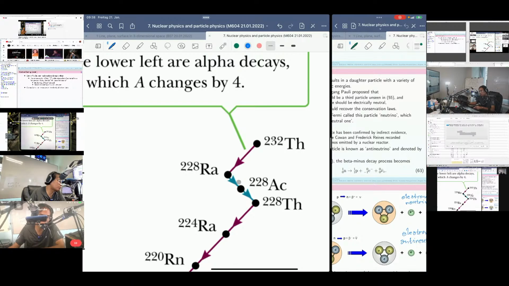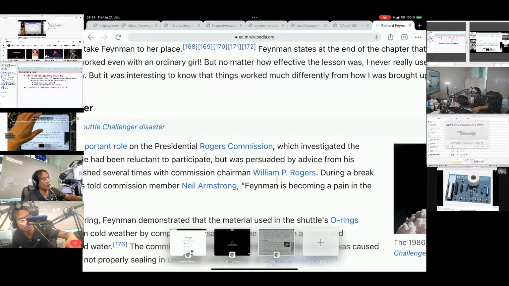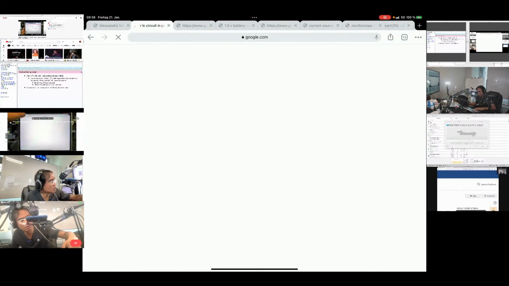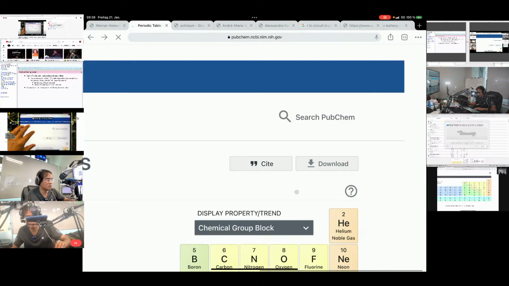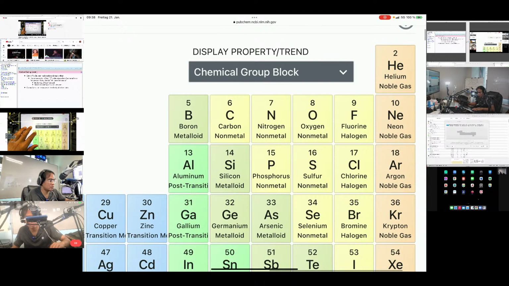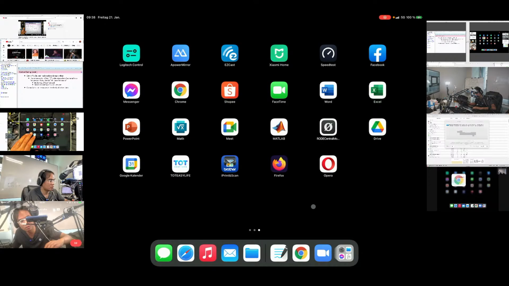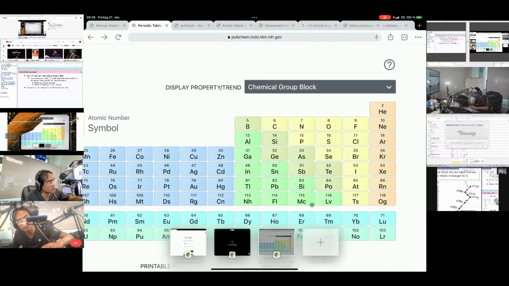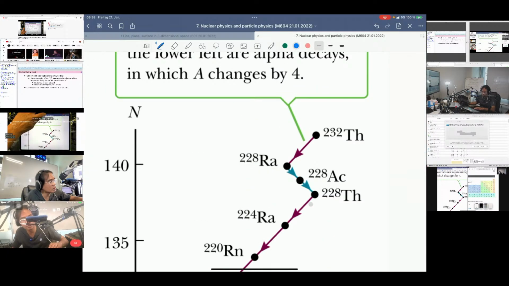Let's go to the periodic table. Radium-228, where is that?